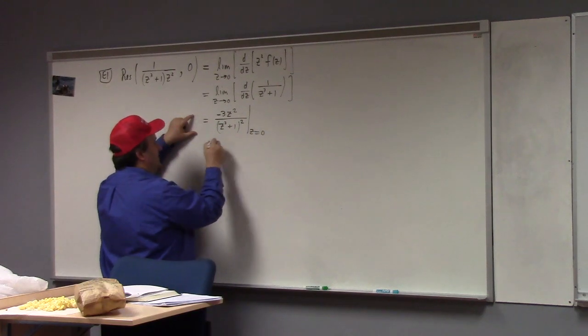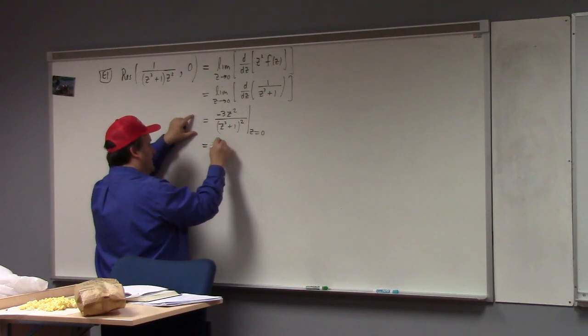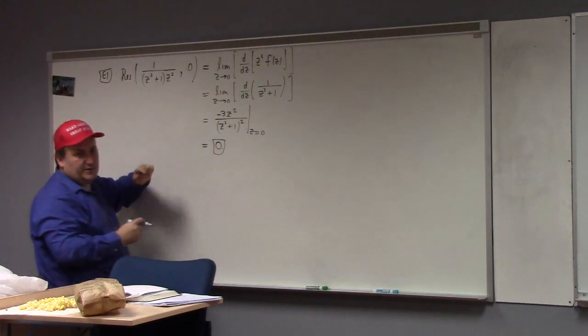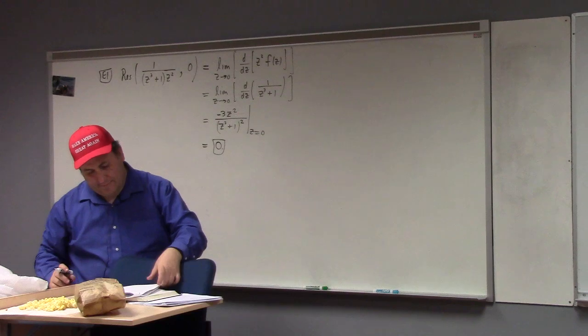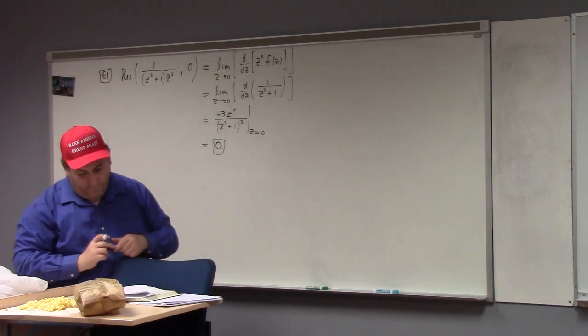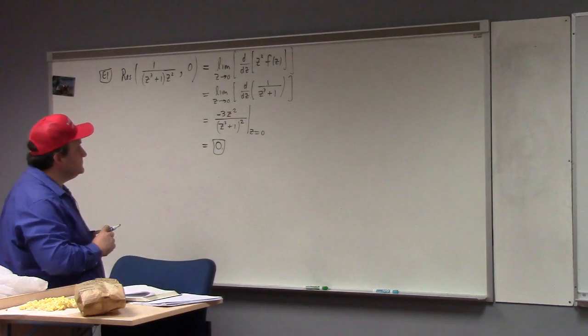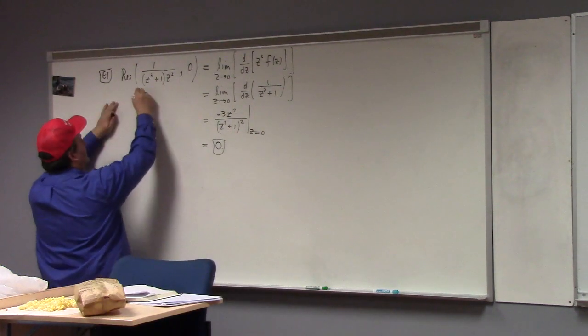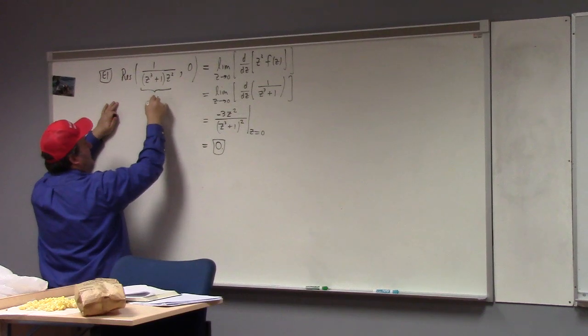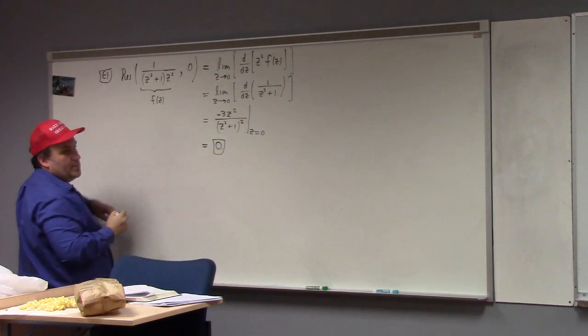Well, that's kind of boring. Looks like the residue here is 0. What happened to z squared? You said z squared times f of z, where did the z squared go? So this altogether is what I'm calling f, to be clear, okay? Oh, so it canceled out.